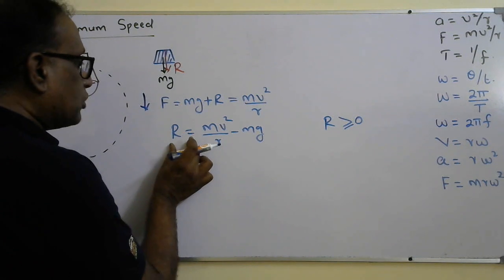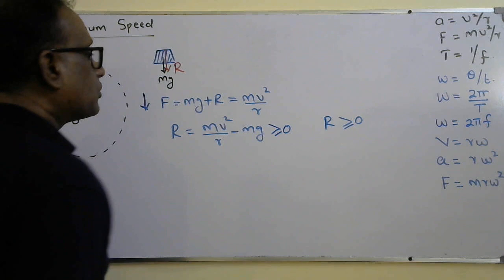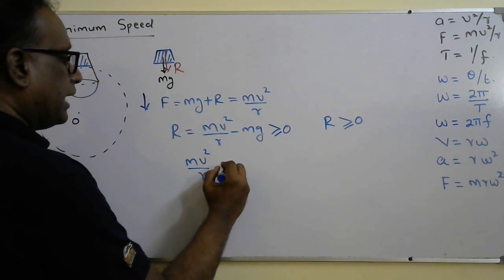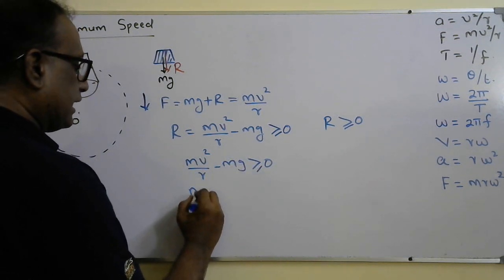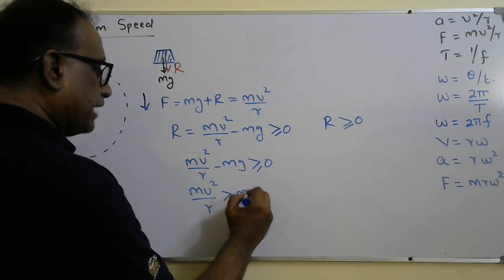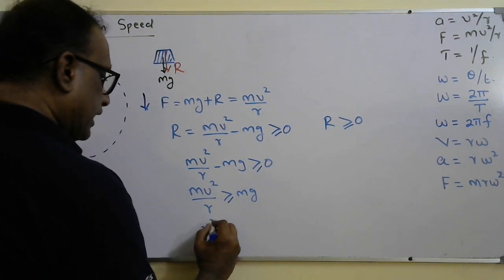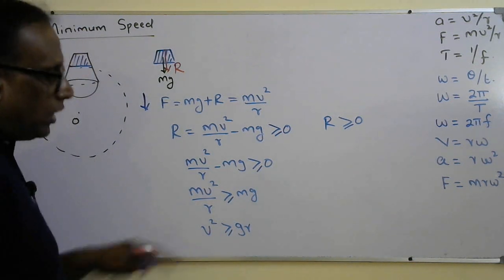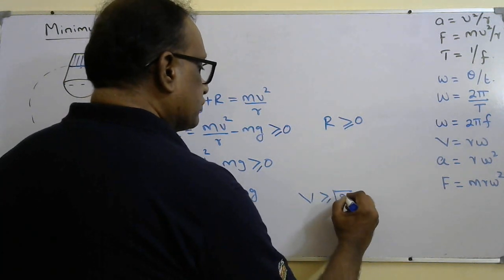R greater than or equal to 0 means this quantity, mv squared over r minus mg, must also be greater than or equal to 0. Bring it to the right: mv squared over r is greater than or equal to mg. The m's get cancelled, cross multiply, so v squared must be greater than or equal to gr. So v must be greater than or equal to the square root of gr.